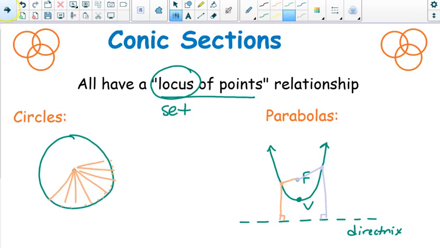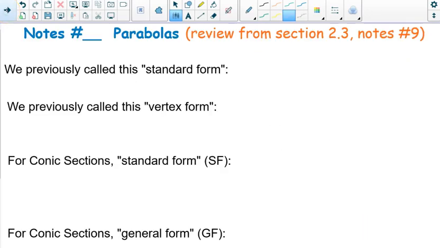Okay, so today we're going to be looking at parabolas, and I'm not sure exactly what notes number this is for you, but you can figure it out and fill that in, and the date as well. This is a review from section 2.3, notes number 9, way earlier in the year. At the time, we called standard form for a parabola, or for a quadratic equation, y equals ax squared plus bx plus c.